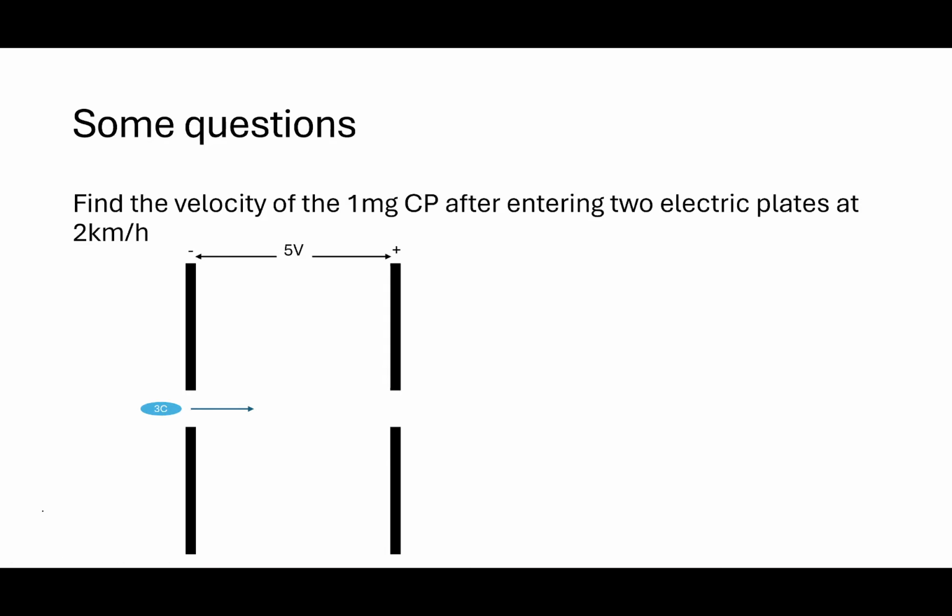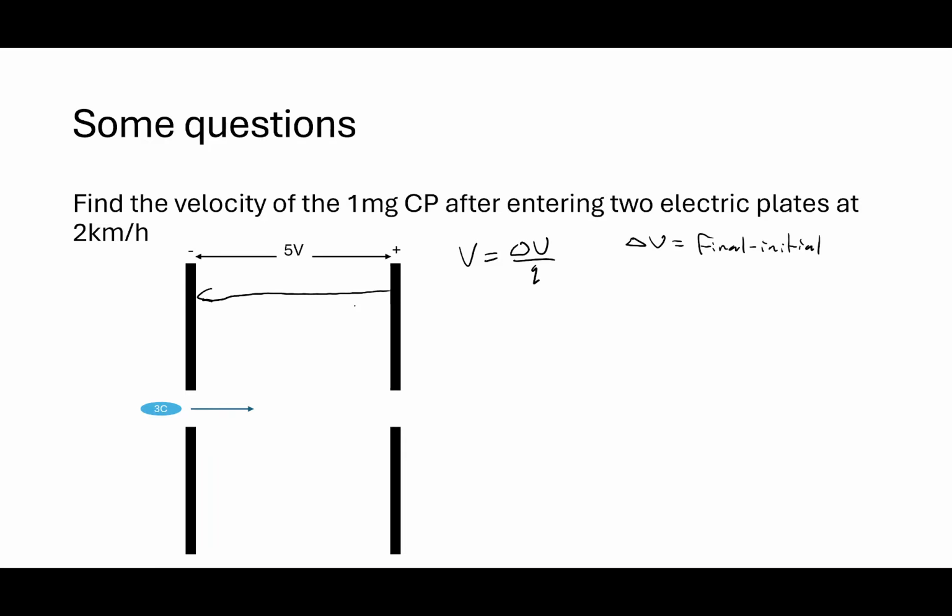So we have V equals delta U over Q, and delta U equals final minus initial. Let's first find the direction of the electric field.